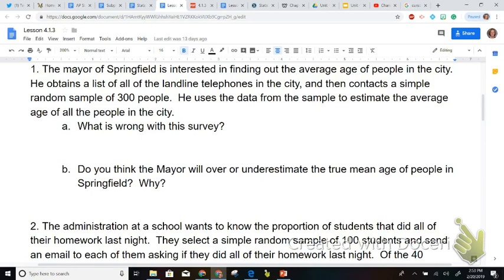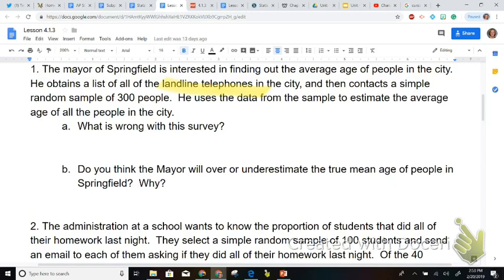What could be wrong with this? And do you think that he'll get an overestimate or an underestimate of the true average age of the people in Springfield? So think about this for a moment and think about what types of people have landlines. Often, it's older people, where younger people will only have a cell phone.